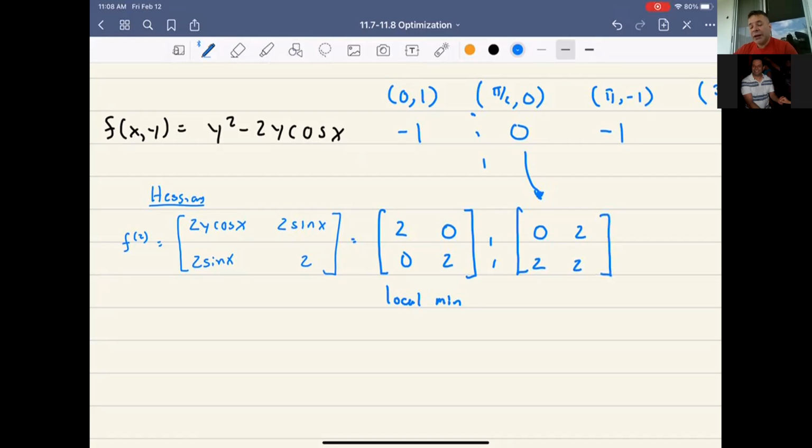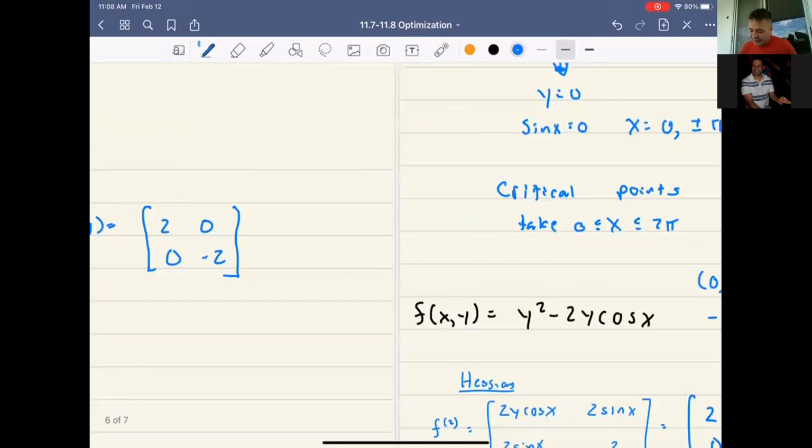Okay, so what happens here? This thing has a determinant of -4. So what happens if you have that being negative? Let's take a look again.